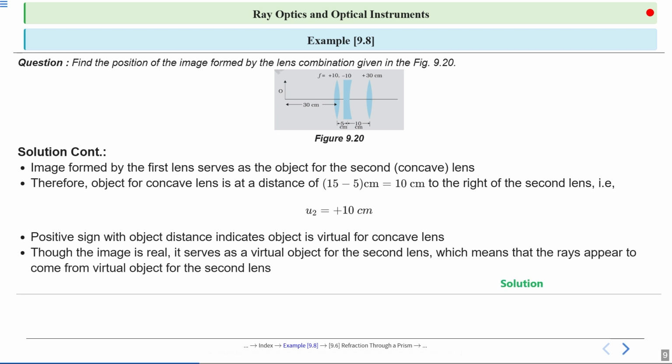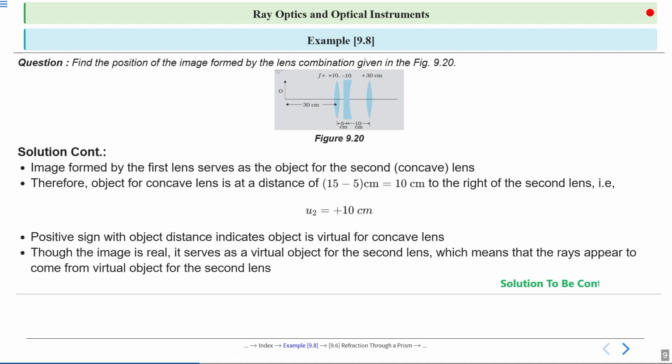I will explain again. So what is happening here? The object is placed 30 cm in front of the convex lens. The image is formed on the other side of the lens at 15 cm, but the concave lens is placed in between, at 5 cm from the lens. So the rays that are being converged by the first convex lens will fall on the concave lens.